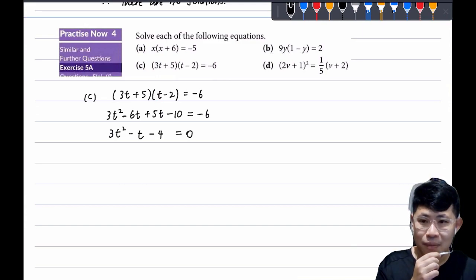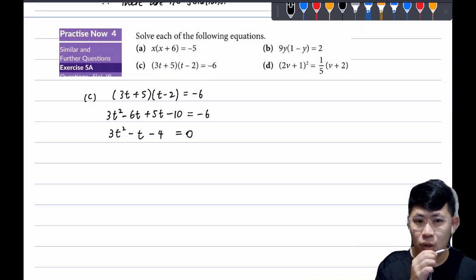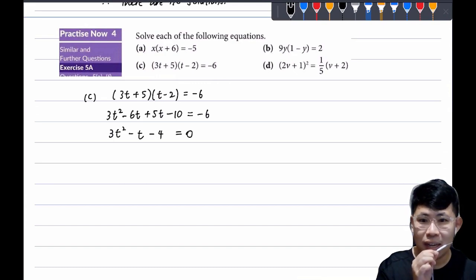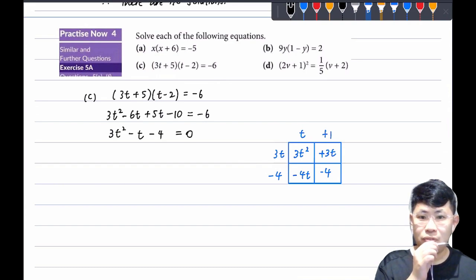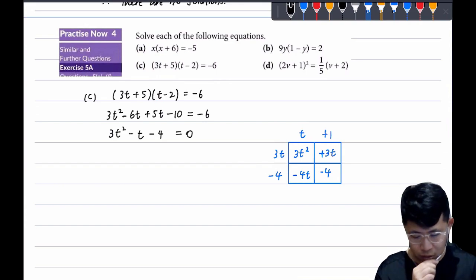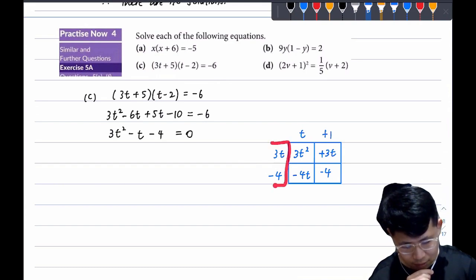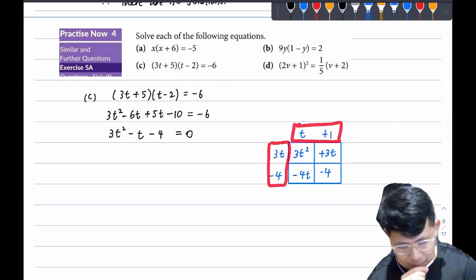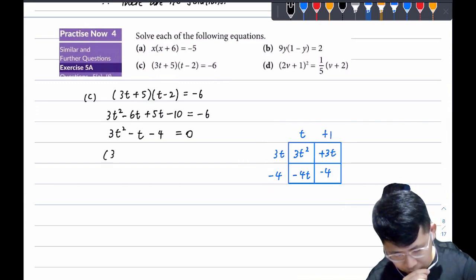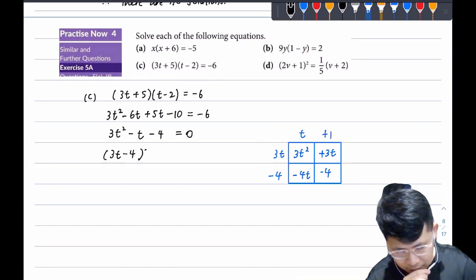Now, the next step, once we get 0 on one side and the quadratic on the other side, is to factorize. When we factorize in this box, the factors are 3t minus 4 and t plus 1, equals 0.